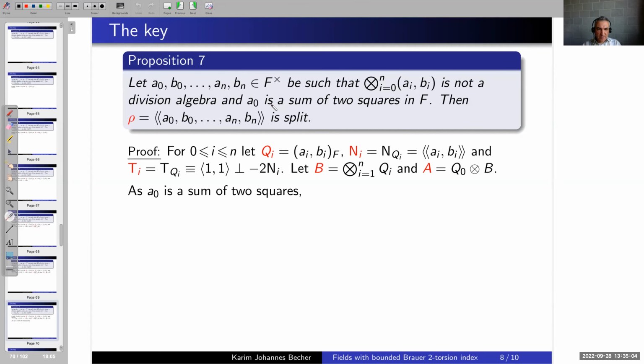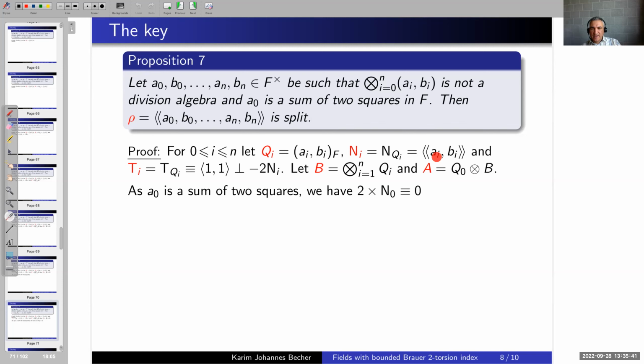So as A0 is a sum of 2 squares, let's look at what happens to this relation for 0. Actually, no, that is not exactly what we do. Let's see further. Since the norm form N0 is A0, B0, this A0 is a sum of 2 squares.